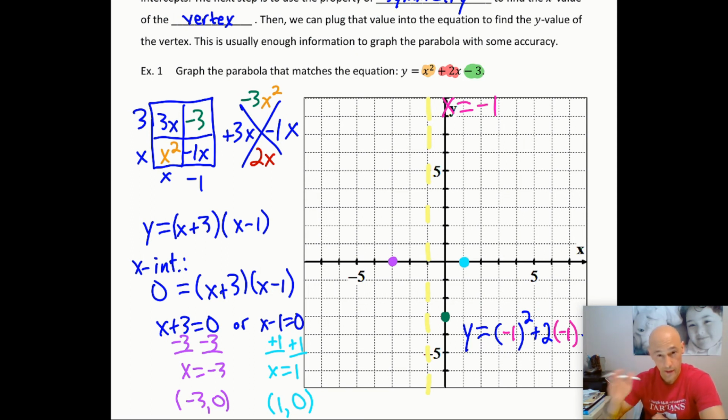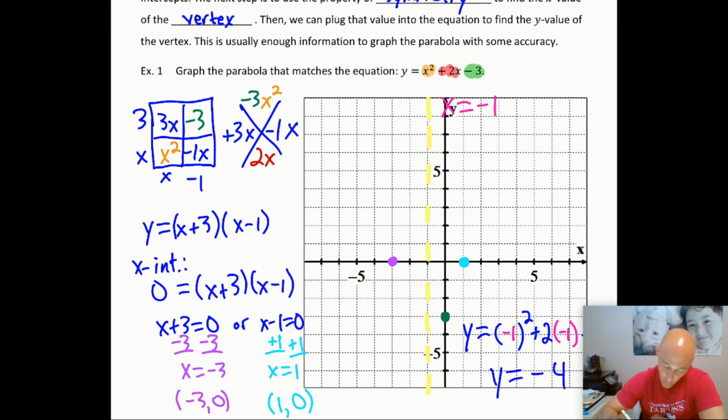And if you don't like it, then do the steps and make sure you understand it. But what I'm going to do here is -1 squared, that's 1. 2 times -1, that's -2. So we have 1 minus 2 minus 3. Well, 1 minus 2, that's -1, minus 3 is -4. All right, so here we have y equals -4.